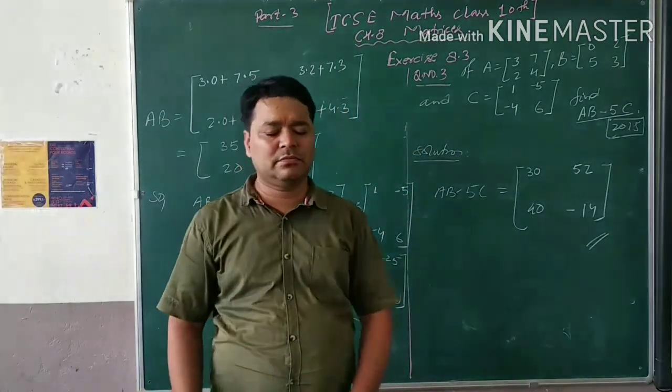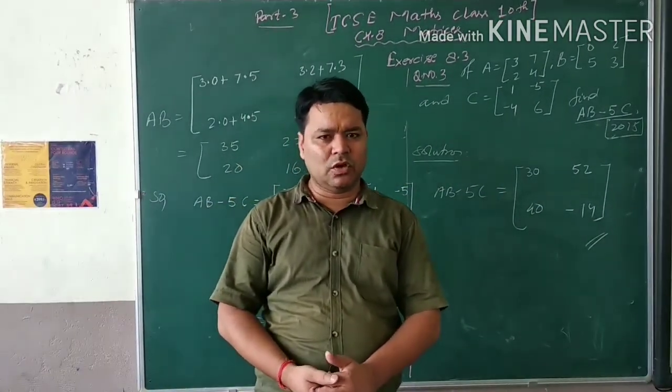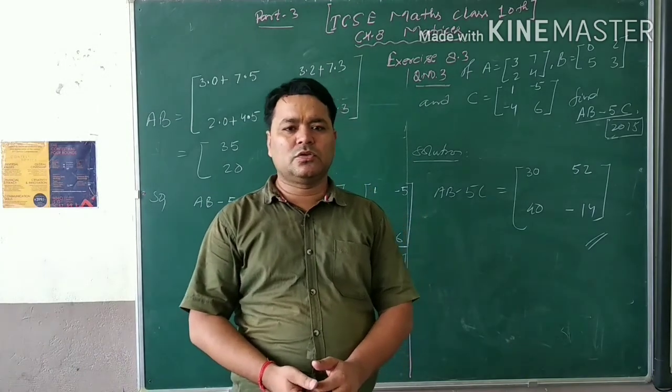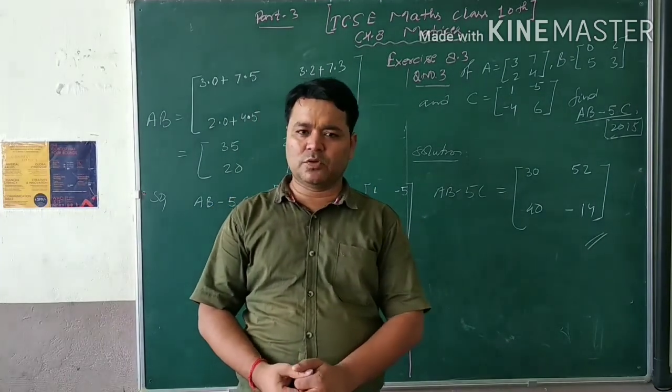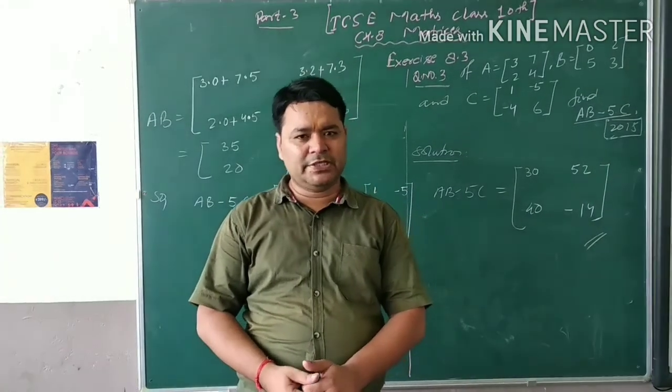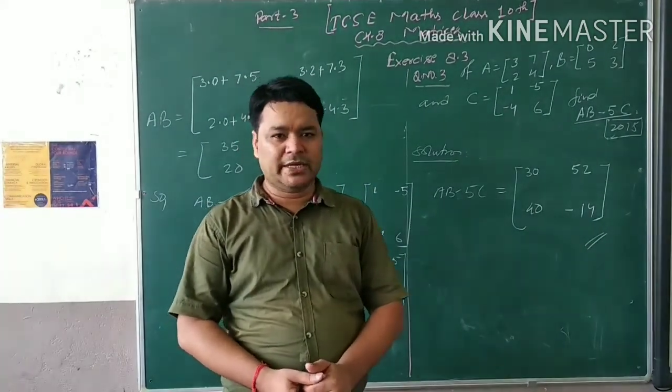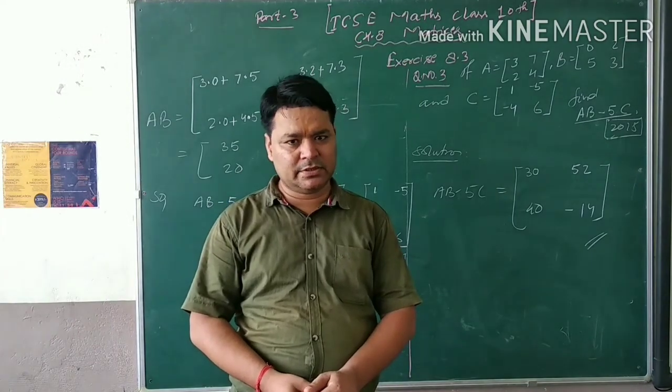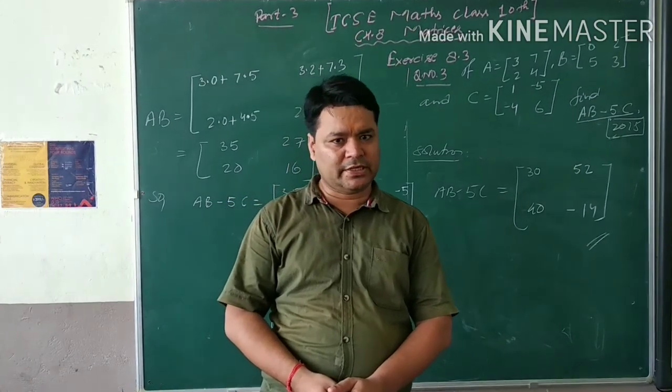Now the remaining questions you have to solve, and you should also solve the given example questions. Try to complete the matrices chapter, and wait for the next time. Thank you.